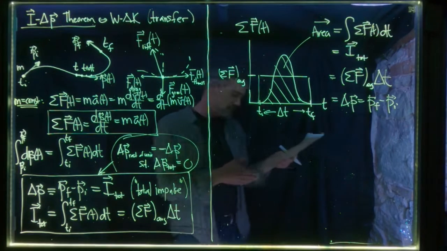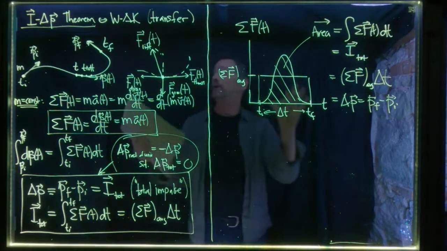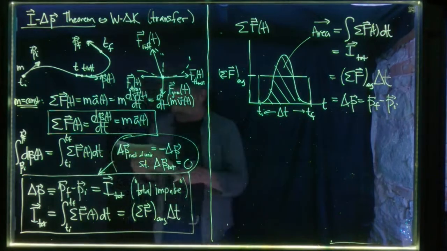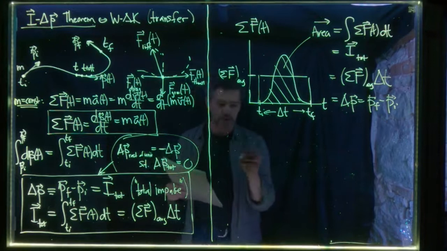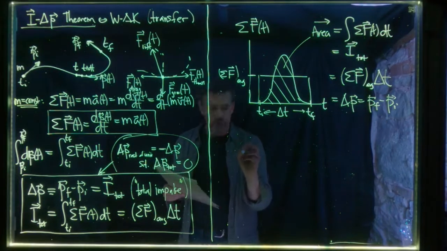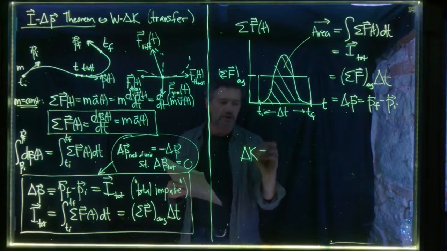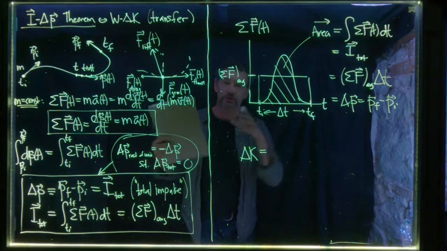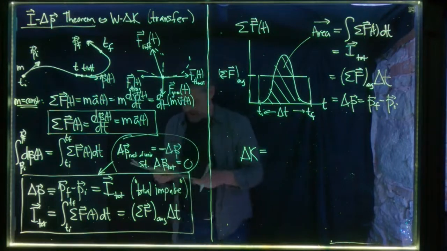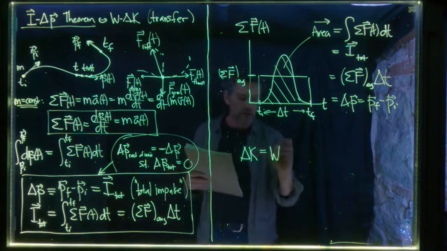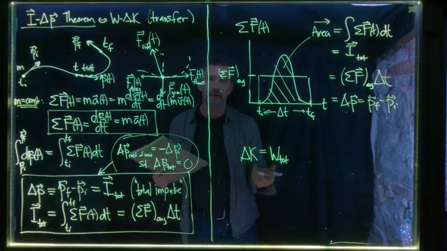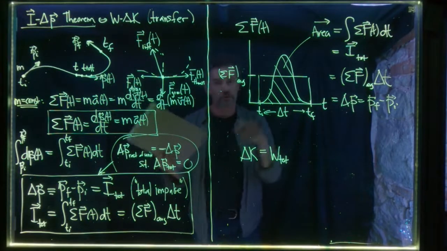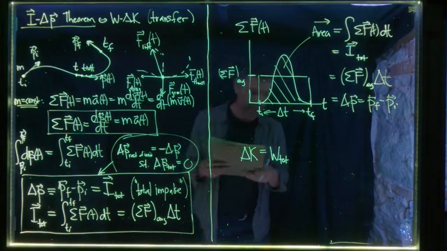So let's just summarize this. Let's compare this impulse change in momentum theorem with the work kinetic energy theorem. Recall the work kinetic energy theorem: the change in the kinetic energy of a point particle that has a bunch of forces acting on it is equal to the work done by the net force, the sum of all the individual works done by those individual forces acting through displacement.